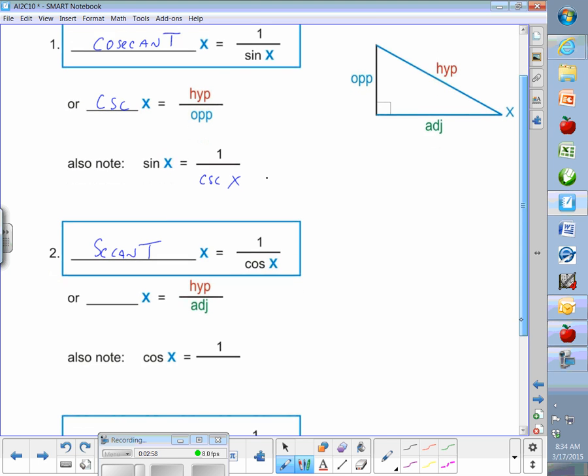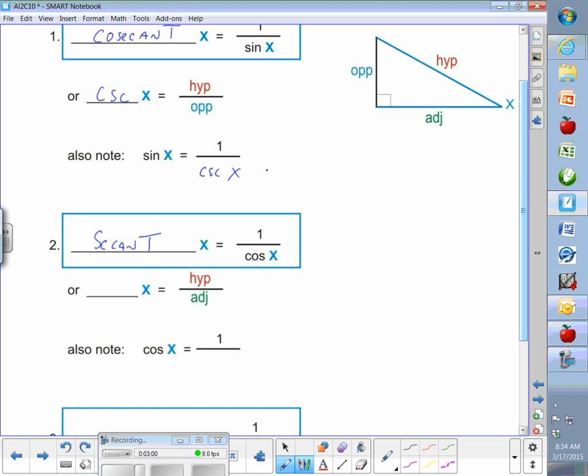Because the cosine is adjacent over hypotenuse, the secant has to be the hypotenuse over the adjacent. And you wouldn't say SEC, just like you wouldn't say tan, sin, or cos; you would still say secant when speaking.